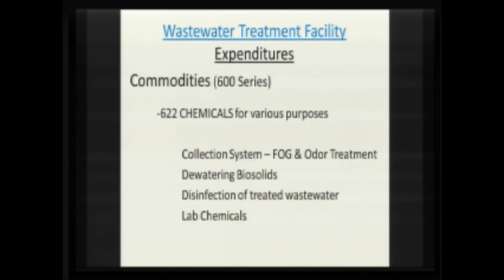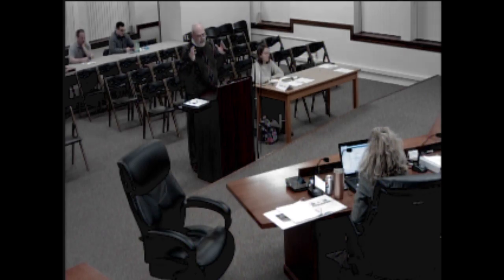Actually, if we were to start from scratch, if we did not have the process tanks that we have now for chlorine, we could put in infrared treatment for about the same cost.